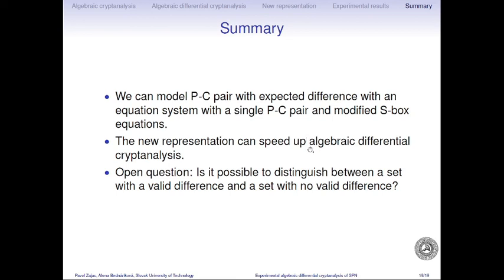It can be used to model truncated differentials as well. But our question in the research is whether it is possible to distinguish between 2 sets, one with a valid difference pair and one with no such pair. If it was possible, the algebraic differential attack would be much faster.